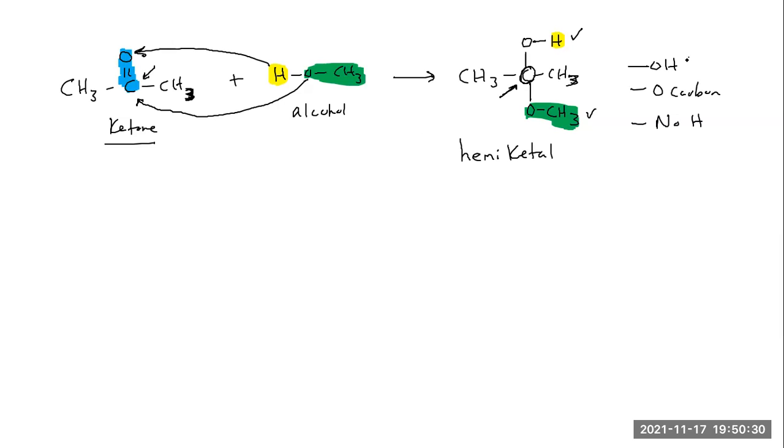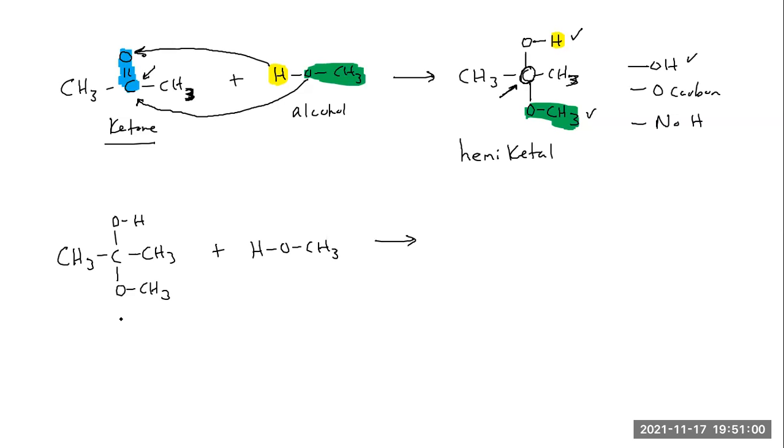And again, hemi, you see the OH there. If we added two alcohols to this ketone, this reaction would continue on. So I'm just going to redraw our hemiketal here. And we'll add, in this case, again, it could be a different alcohol, but we'll just add the same alcohol.